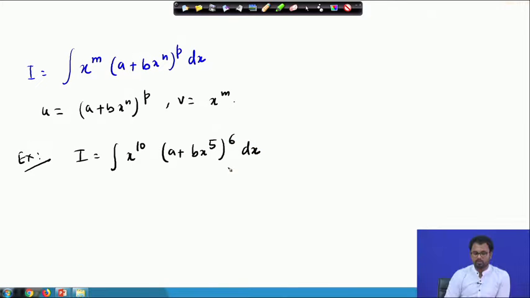This is one such example which falls into this category, and we have to find the reduction formula for this type of integral to calculate it. We can have a lot of other types of integrals, based on which you can derive some kind of reduction formula.